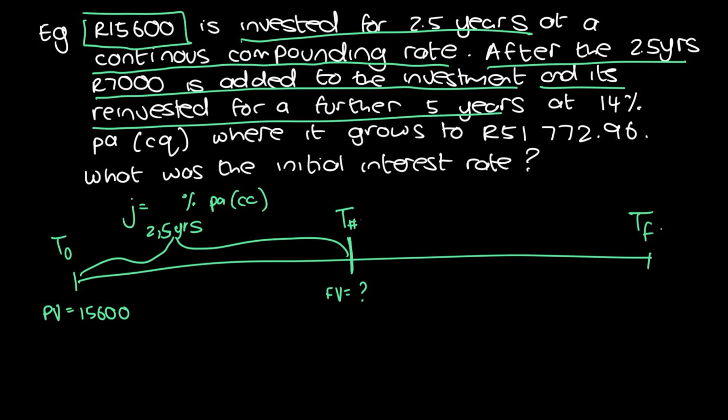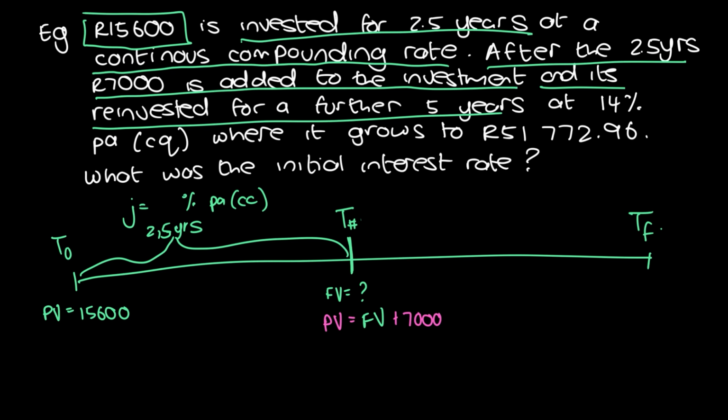Now, I like using colors because it makes it a little bit clearer in your brain what is part 1, part 2, part 3, etc. So when we reinvest it, we have a present value equal to the future value from that first part plus the 7,000.